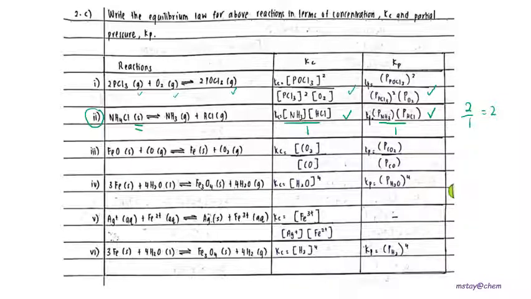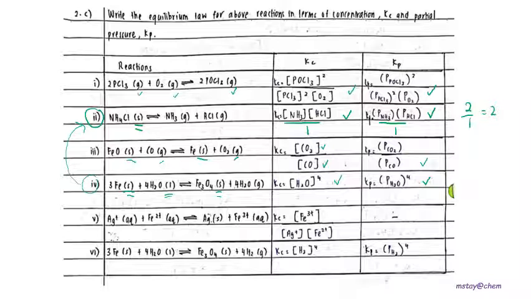Question number 3, again, all these consist of gas and also solid. That's why we only see carbon dioxide over carbon monoxide. For question number 4, a similar case happened as question number 2. Solid and liquid do not exist in the expression. So that's why in question number 4, only H2O gas appears in the Kc and Kp expressions.